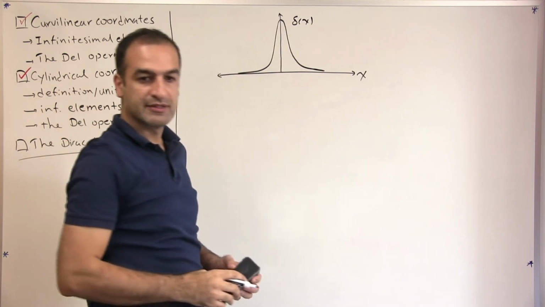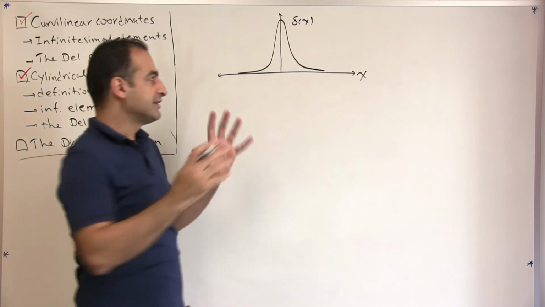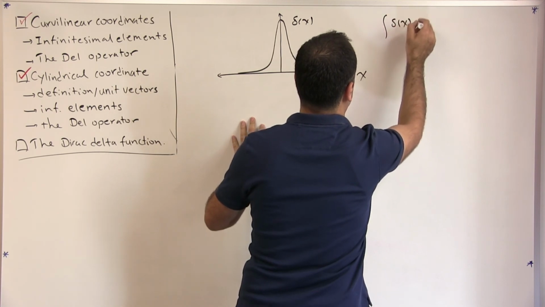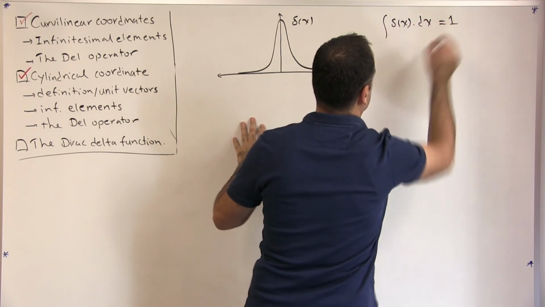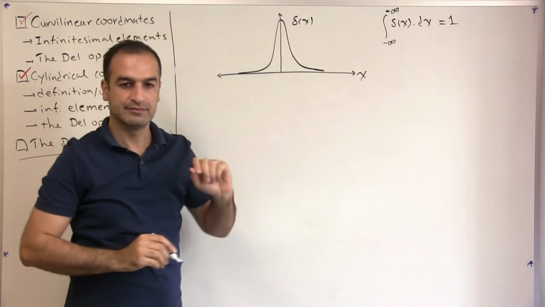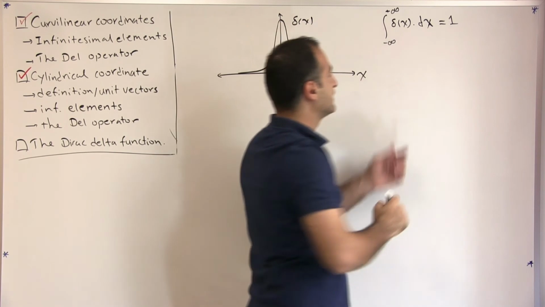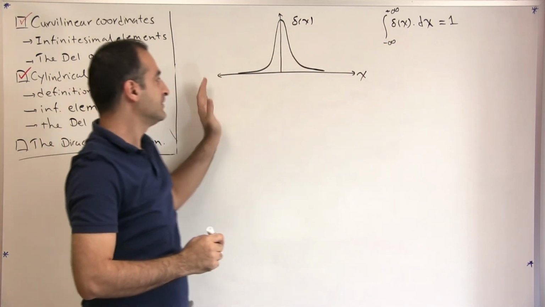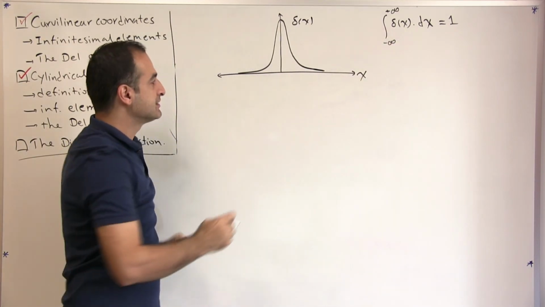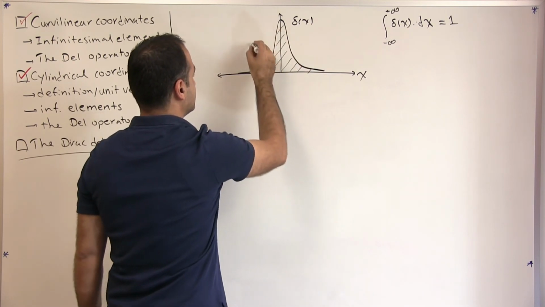Imagine this is a function with a peak, and what I do is this: I define it within the constraint that if I integrate delta x dx from minus infinity to positive infinity, the value of that integral is 1. And that means the area under this graph is 1.